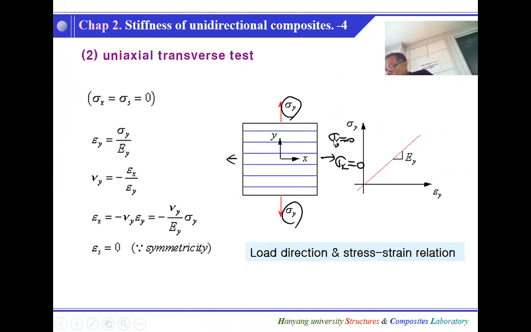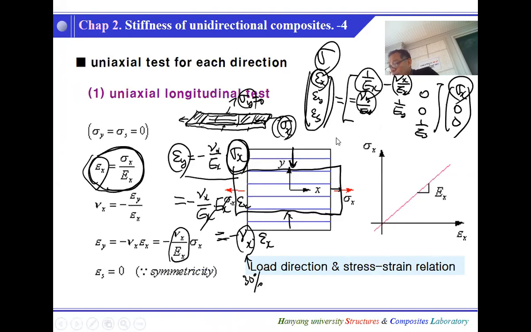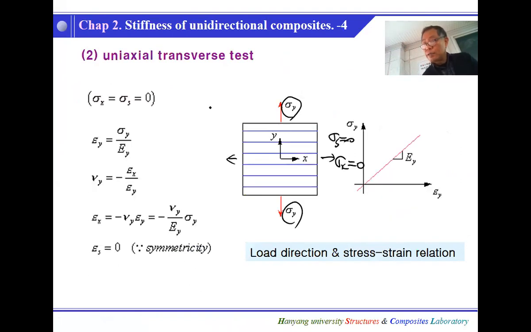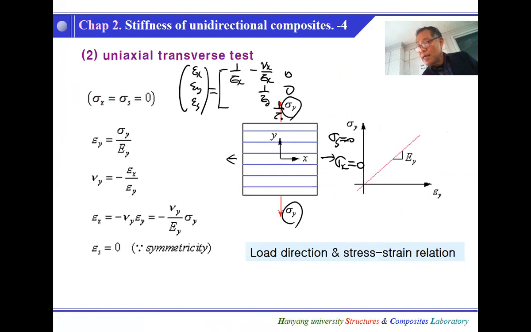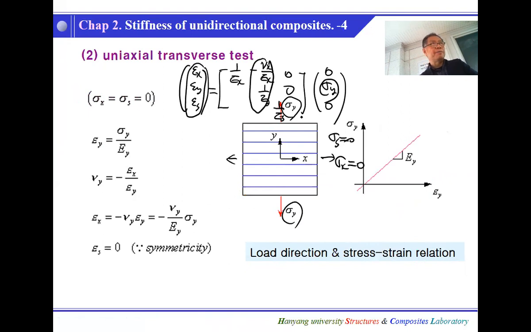So in the previous definition, I will rewrite here epsilon x, epsilon y, and epsilon s. 1 over x, minus mu x ex, 0, 0, 1 over y, and 1 over es. And now we are applying 0, sigma y, and 0. So what we measure here is simply these three guys times this guy.